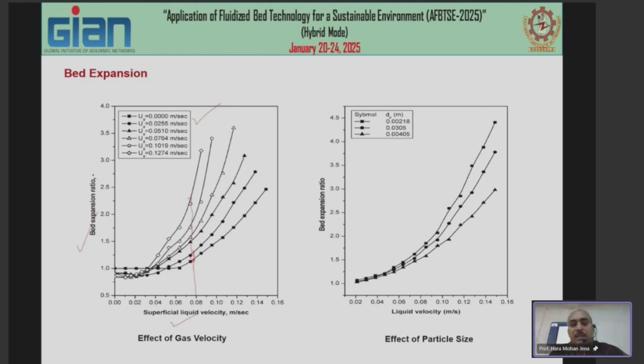Next is the plot of the bed expansion ratio with the particle size. Higher is the particle size, less is the bed expansion ratio. Here you see for the larger size particle, this is the bed expansion ratio variation with the liquid velocity. Smaller is the particle, to a greater height it gets fluidized. Expanded bed height is more and bed expansion is more.